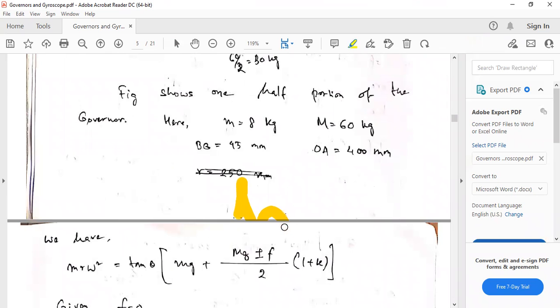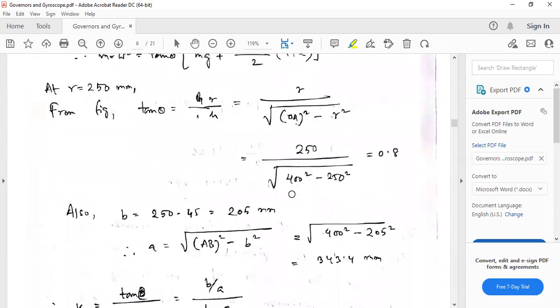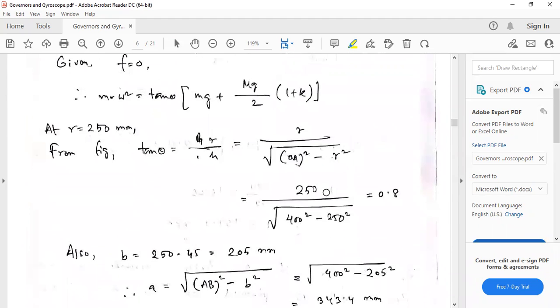So h will be equal to, from Pythagoras theorem, root of 400 square minus r square. That is what we have done here. So 400 square minus 250 square for the first case, r is 250 here. So for tan theta we have got the value 0.8.